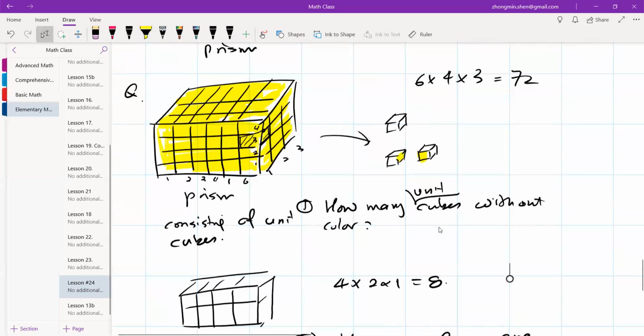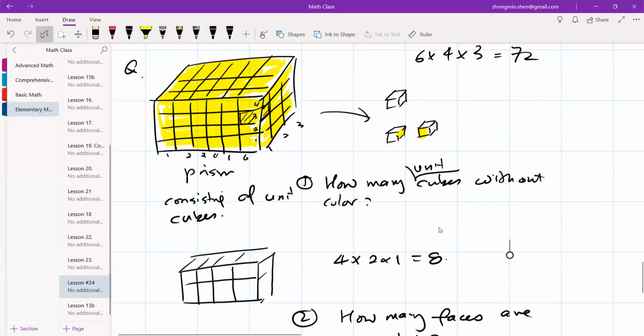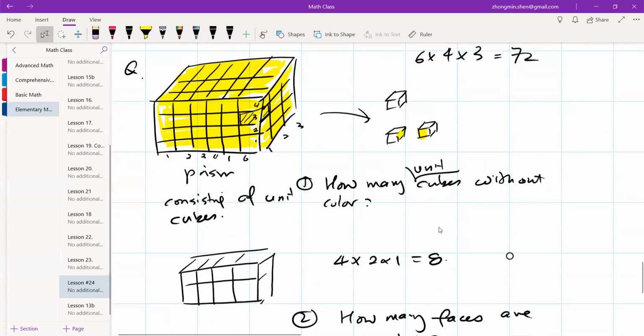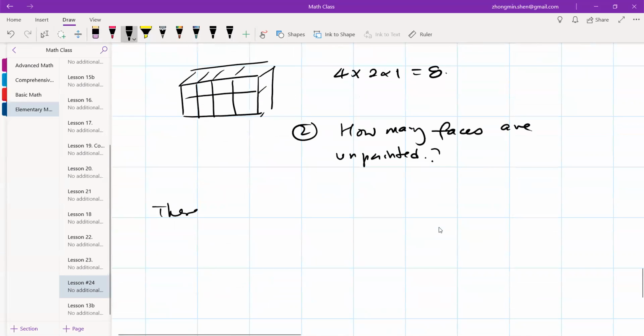First of all, here's my hint. For those unit cubes, how many faces in total? You have 72 unit cubes, and each unit cube has 6 faces, so in total there are 72 times 6 faces. Some of them are painted, some are not.